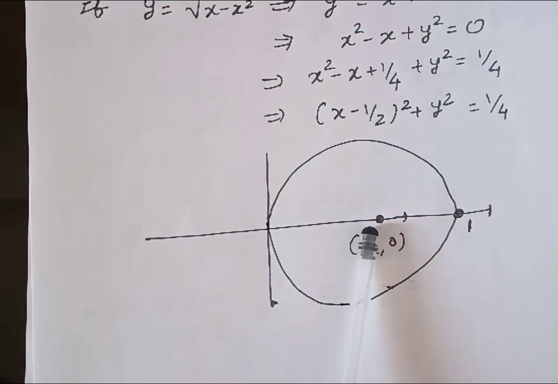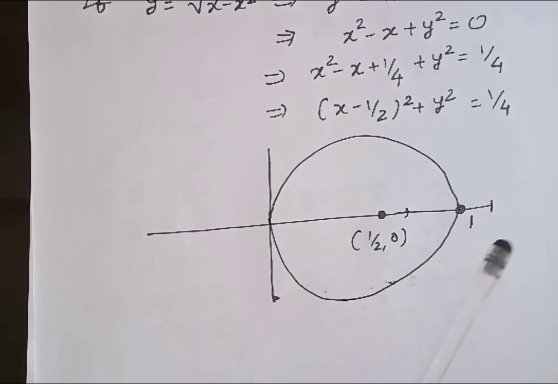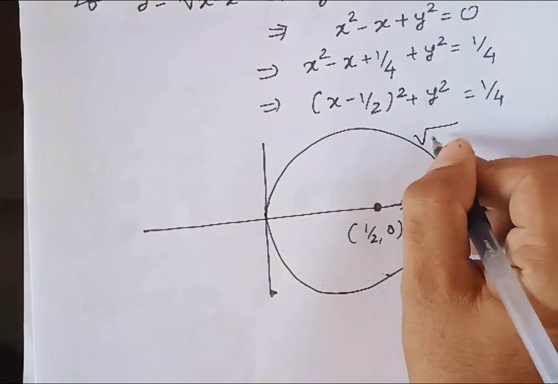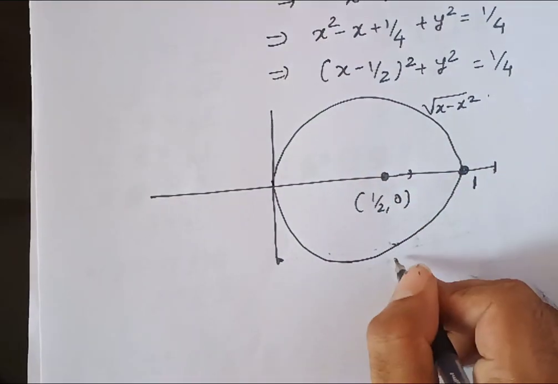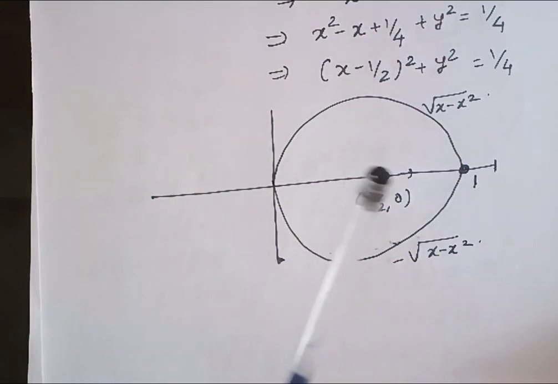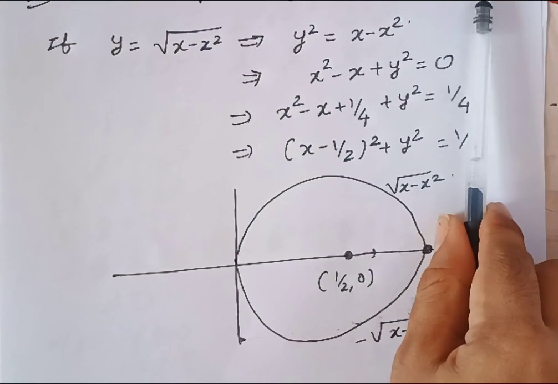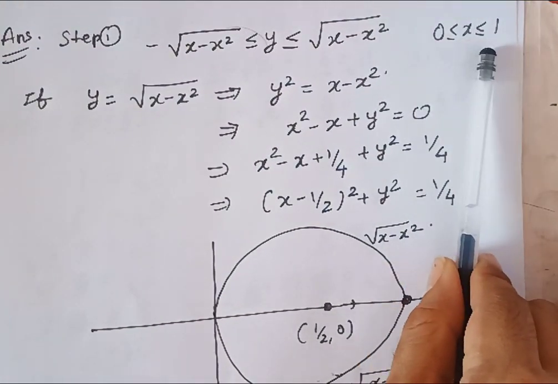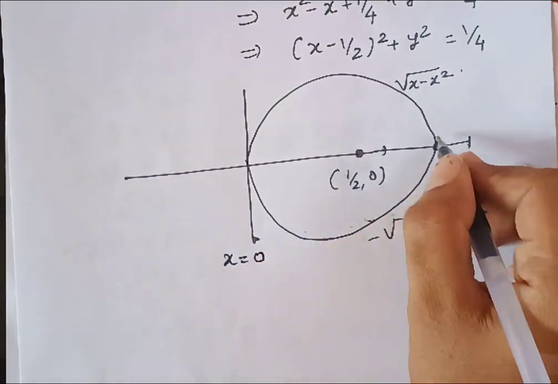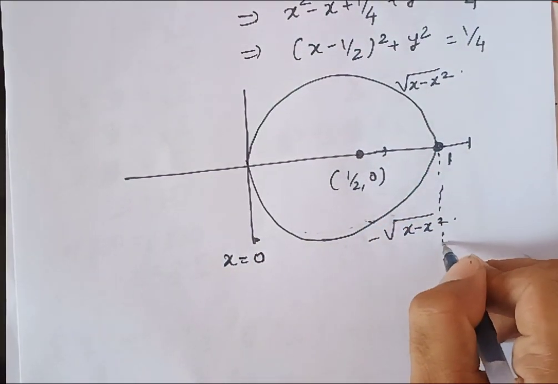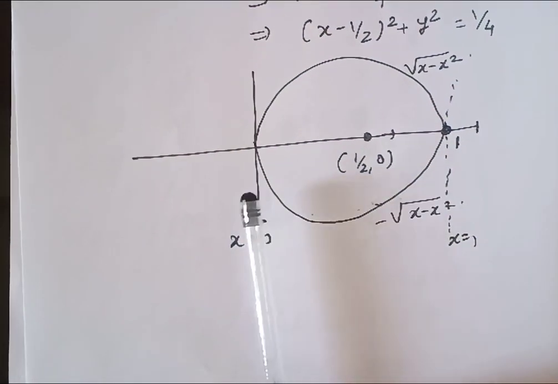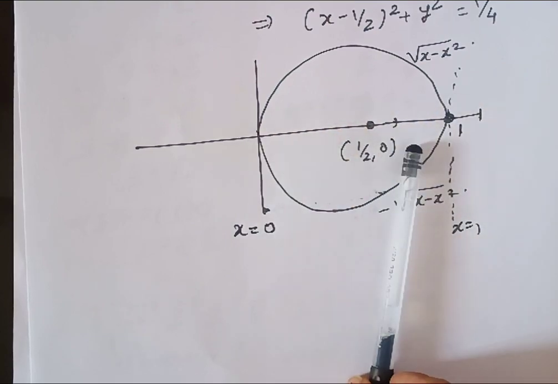Alright, so this is the positive square root of x minus x square, and this is the negative square root of x minus x square. And the x limit is between the lines x equal to 0 and x equal to 1. So everything is between x equal to 0 and x equal to 1. The line is not very important because the circle is already covered.